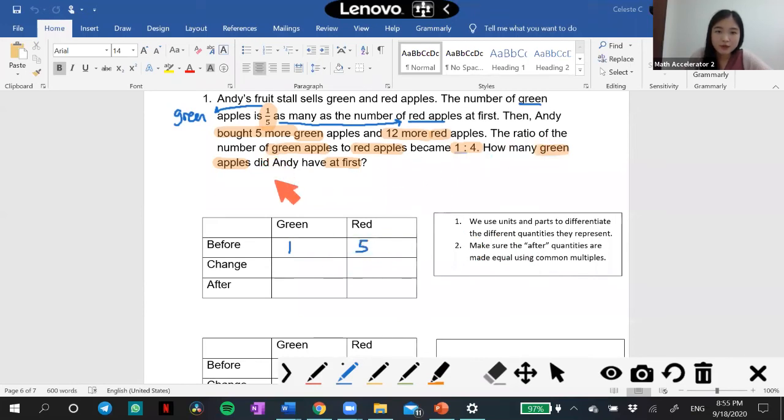And then Andy bought 5 more green apples and 12 more red apples. The ratio became 1:4. Right, that's at the end.